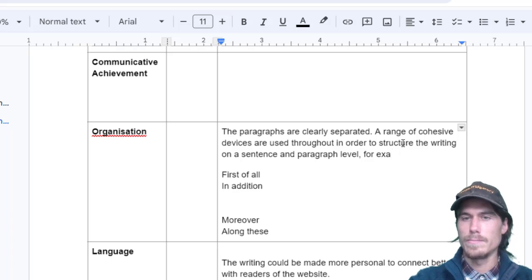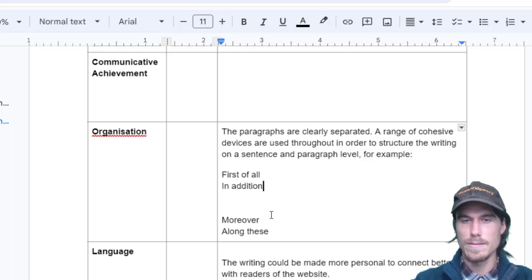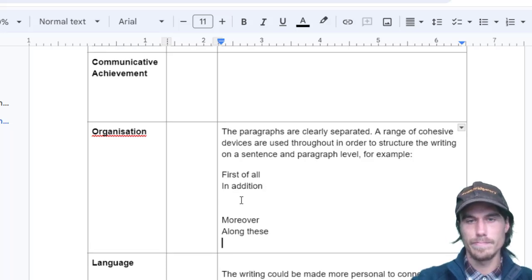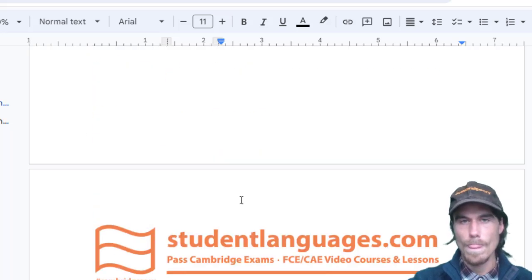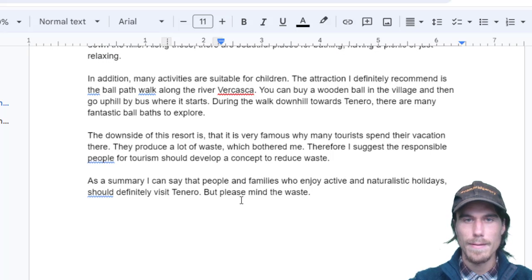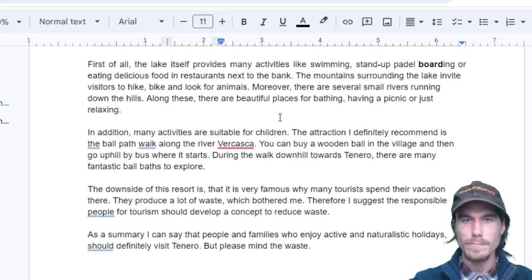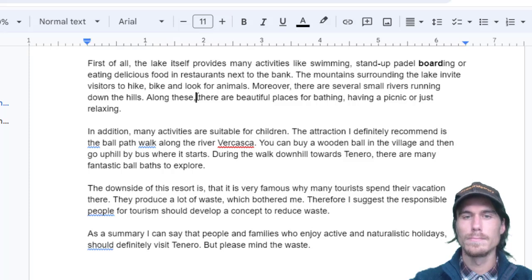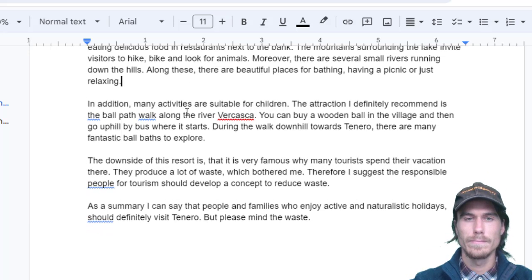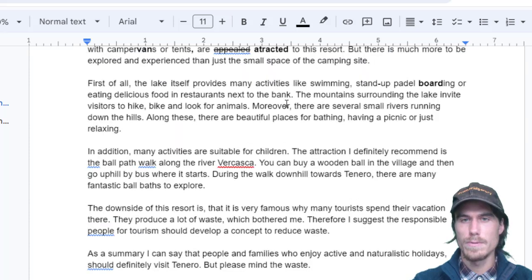For example, linking words, like these linking words and phrases, and these also. Along these, there are beautiful places for bathing, having a picnic, or just relaxing. In addition, many activities are suitable for children.